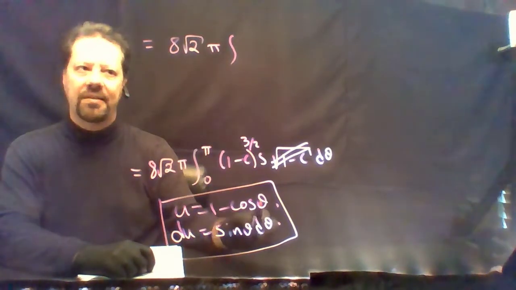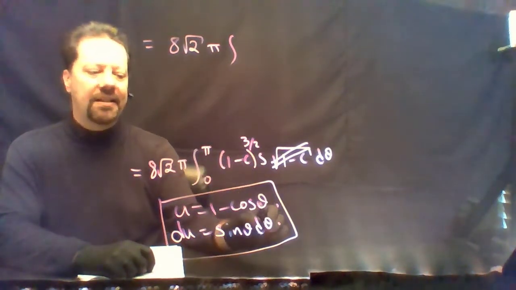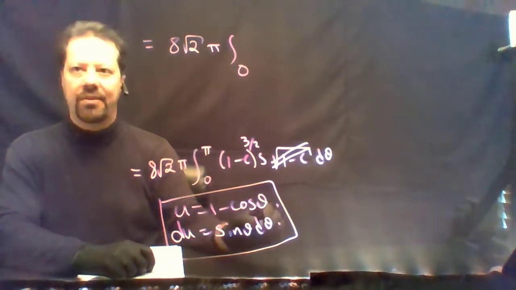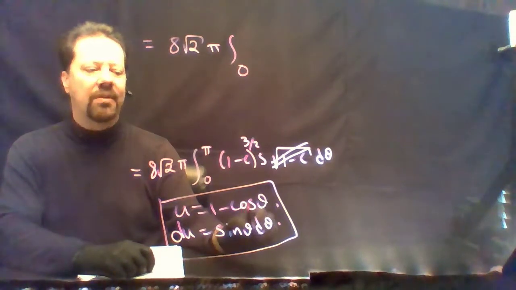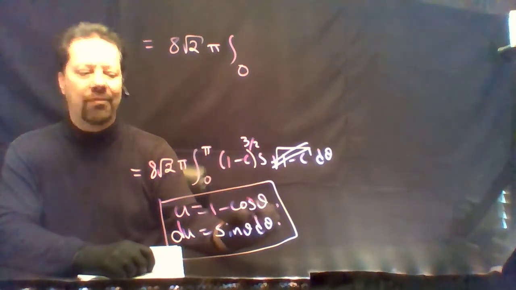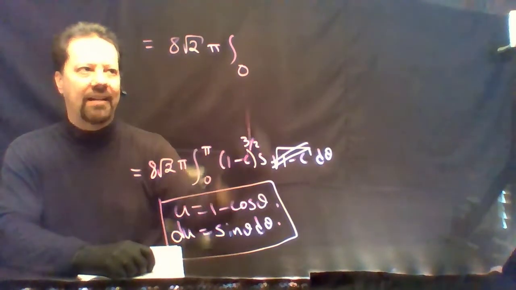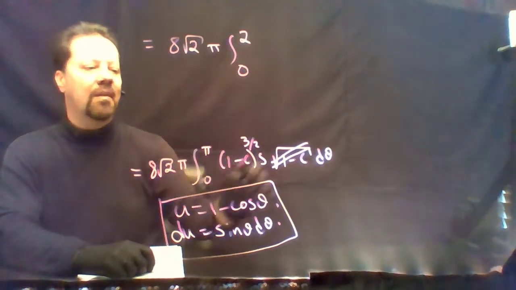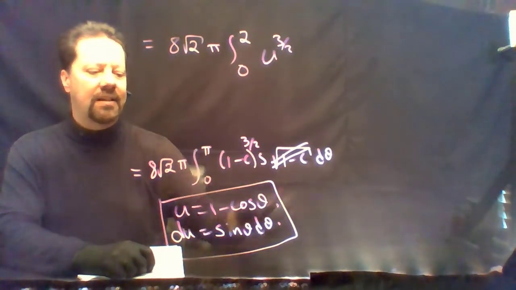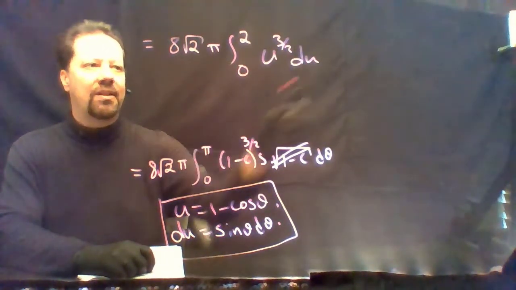If theta is 0, then u will be 0. Cosine of 0 is 1. 1 minus 1 is 0. If theta is pi, cosine of pi is negative 1. We get 1 minus negative 1. That's 2. We'll have u to the power of 3/2, and then sine d theta is du.